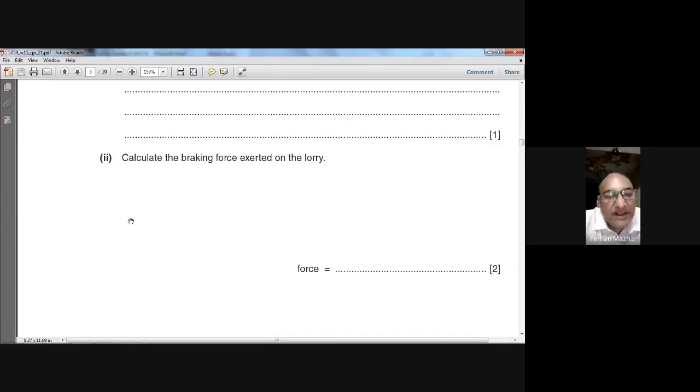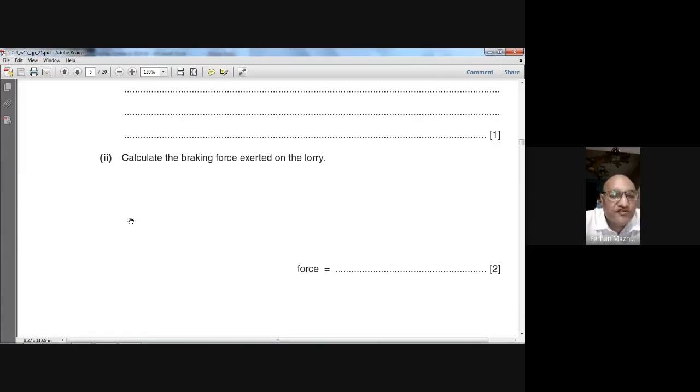So we will write the formula that the work done is equal to 8.8 × 10^6, because the work done by the braking force is equal to the change in the kinetic energy. And I will make it equal to F × D, where F is the braking force and D is the distance covered after applying the brakes.